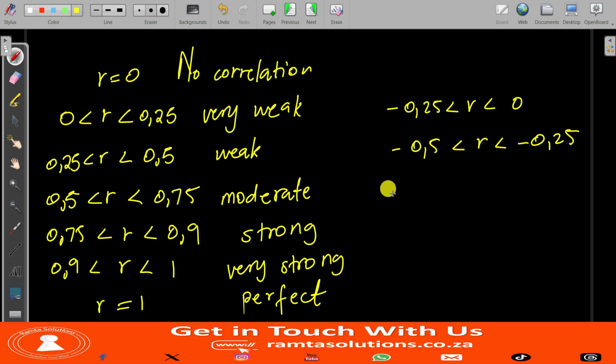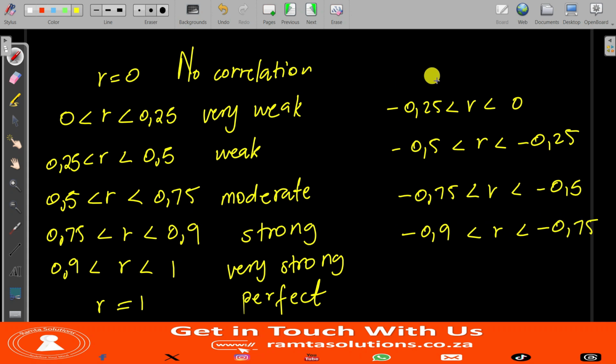Again, when R is greater than negative 0.75 but less than negative 0.5. When is it strong? When R is greater than negative 0.9 but less than negative 0.75. When is it very strong? If it's a negative relationship, when R is greater than minus 1 but less than negative 0.9. And when is it perfect again? When R is negative 1.